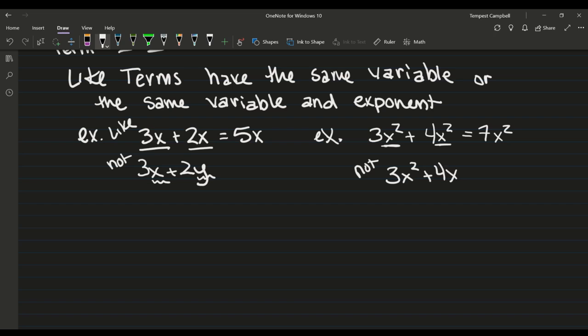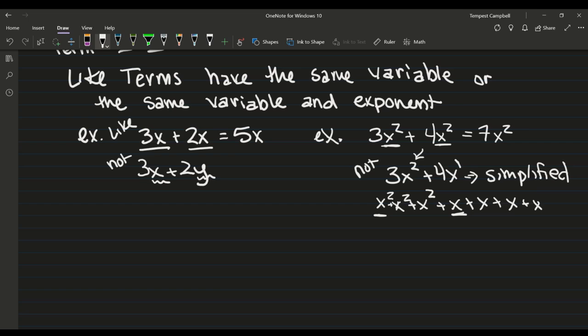So this tells us we have 3 of the x squareds, so we have x squared plus x squared plus x squared. This one tells us we have 4 x's. So that tells us we're adding 4 x's together. Can we combine an x squared and an x? No. Think of this like a 2D shape, and this is like a 1D shape. Are those the same thing? No. So it is already simplified. And we can say that these up here were not simplified, so we had to simplify them for an answer.